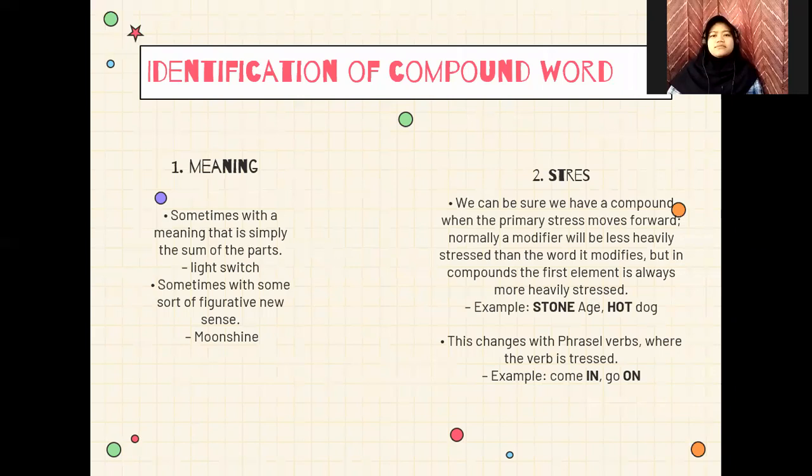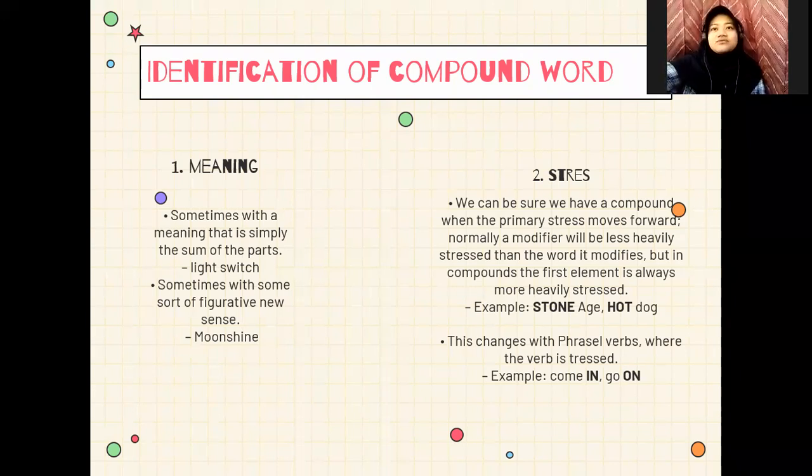Normally, a modifier will be less heavily stressed than the word it modifies, but in compounds, the first element is always more heavily stressed. Let's move to examples: stone age, hot dog. This changes with the phrasal verb, where the verb is stressed, for example come in and go on.